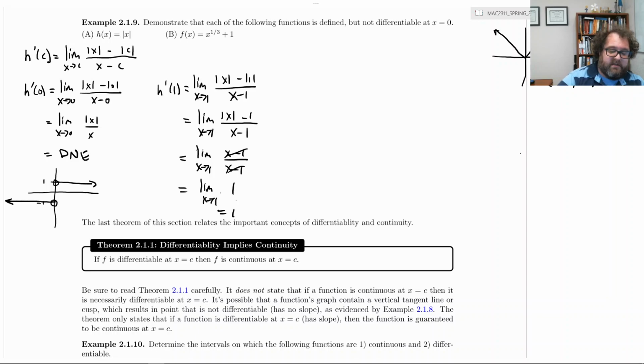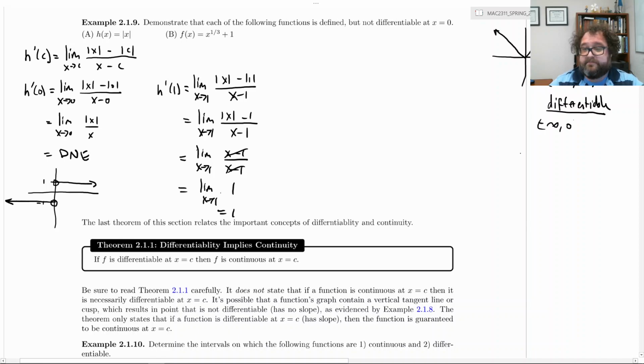So what's the takeaway here? The takeaway is the limit does not exist at 0, which means the function's not differentiable at 0. So if you want to talk about where it's differentiable, it's differentiable on negative infinity to 0, union 0 to infinity.